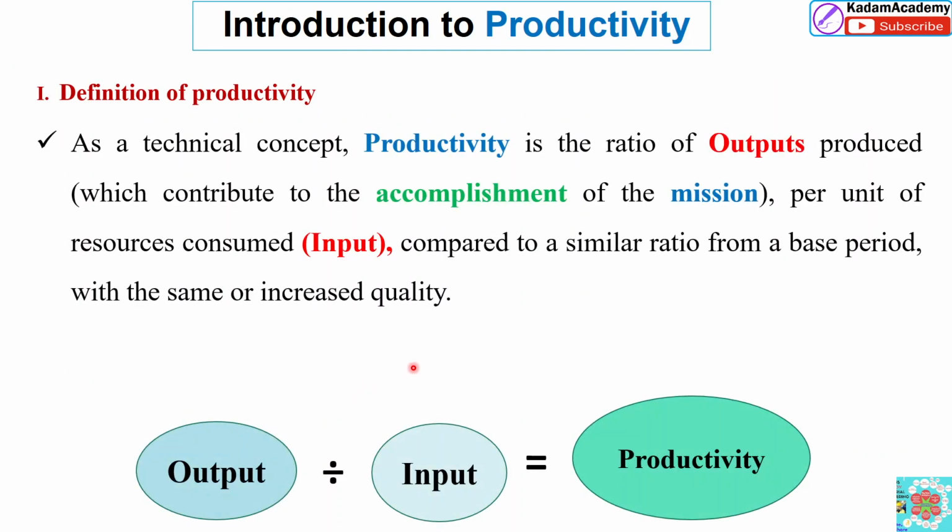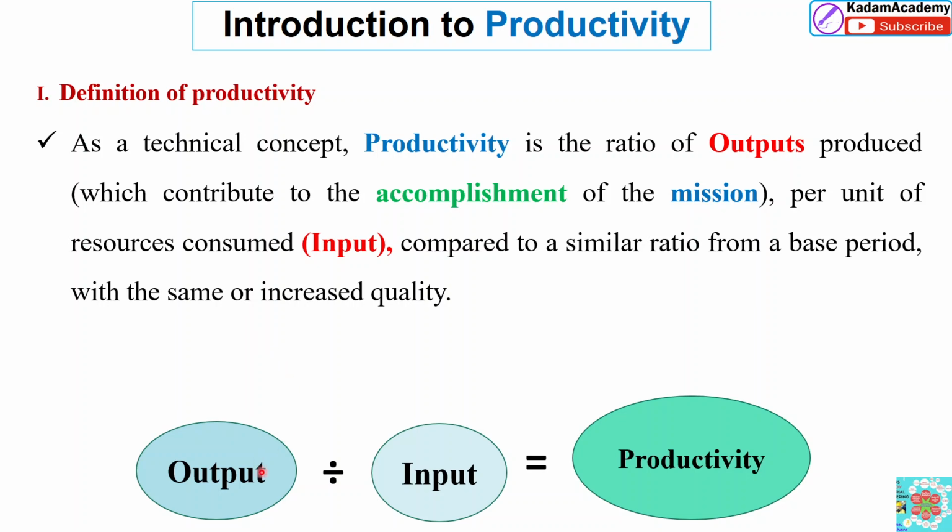Friends, starting with the definition of productivity. As a technical concept, productivity is the ratio of output produced which contributes to the accomplishment of the mission per unit of resources consumed, meaning input, compared to a similar ratio from a base period with the same or increased quality.